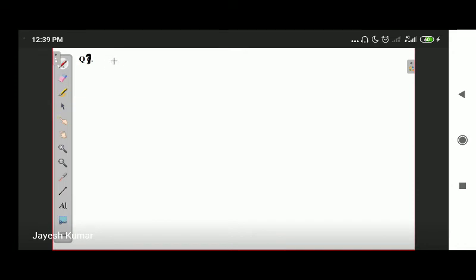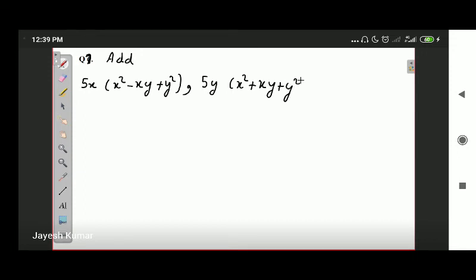Question number 7 is: add 5x(x square minus xy plus y square) with 5y(x square plus xy plus y square), and we have to find its value at x equals 2 and y equals 1.